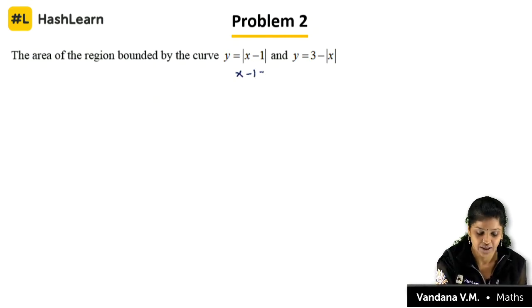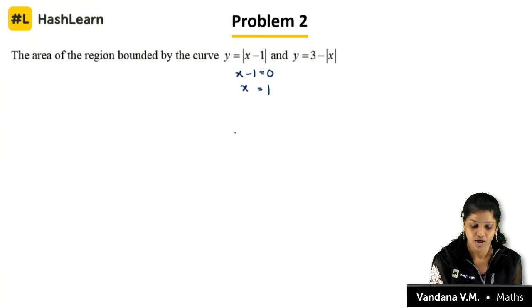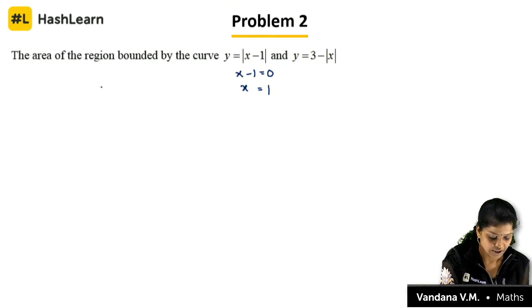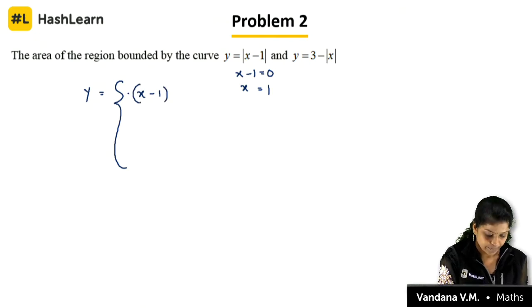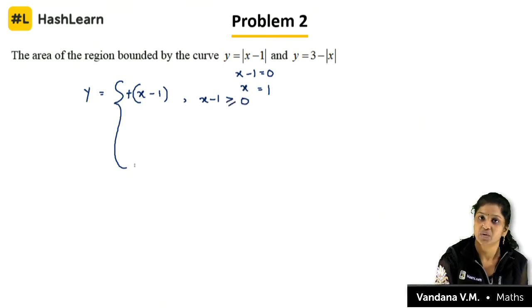I told you, x minus 1 is equal to 0, so x is equal to 1. If you are not understanding this, you can go for the direct definition of the modulus function. The direct definition is: x minus 1, when x minus 1 is greater than or equal to 0.